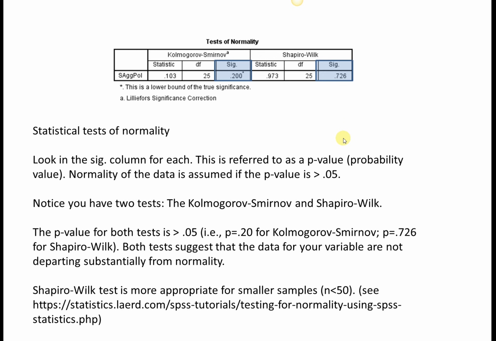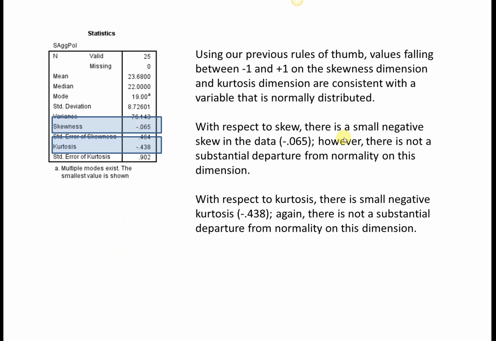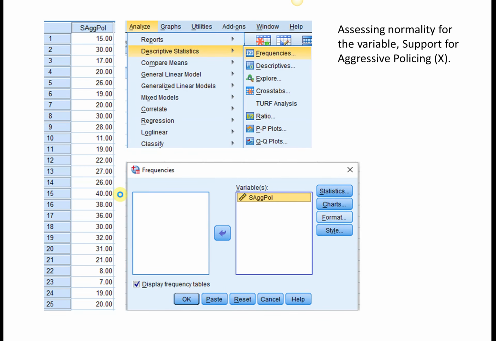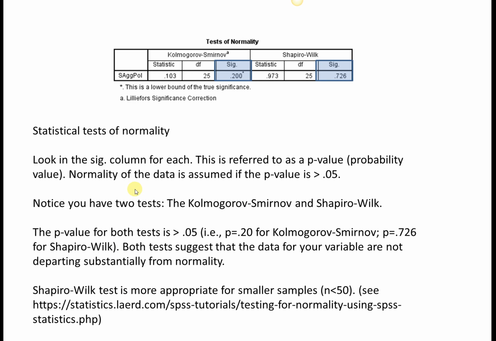We actually have a fairly small sample in our data set. I think we had 25 cases for this particular variable. And you can see that the p-value is 0.726, which is greater than 0.05. So that would suggest that we have a normal distribution.